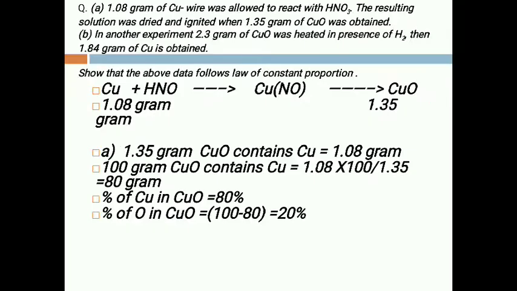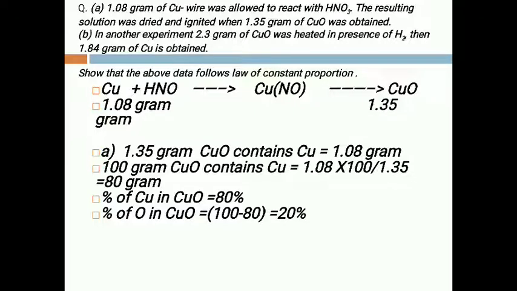Okay, so there is one question here for the law of definite proportion. What this law says, as I have told you, one basic of this law is that the same compound may be obtained from any method, and the ratio of the combining atoms is always fixed.